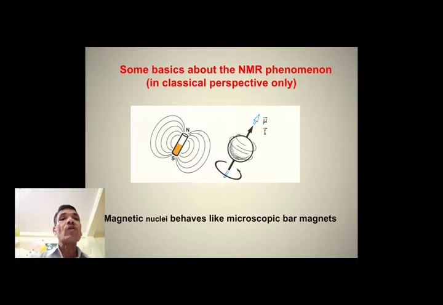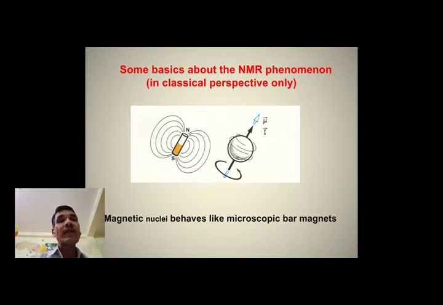Therefore, while spinning along its axis, this charged particle generates a magnetic moment mu along its axis of spinning. Therefore, the magnetic nuclei behaves like a microscopic bar magnet.